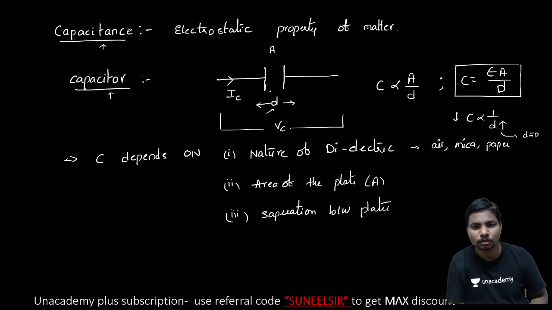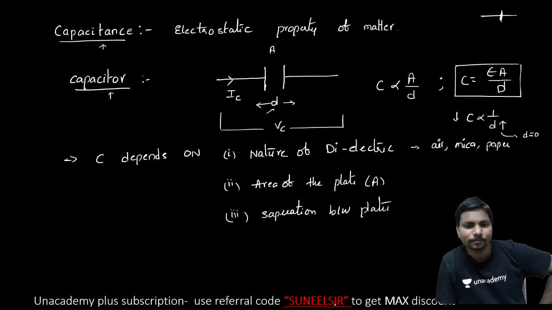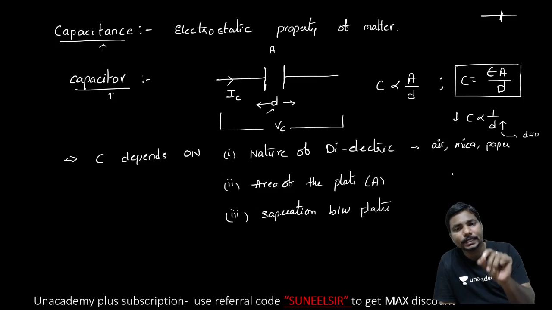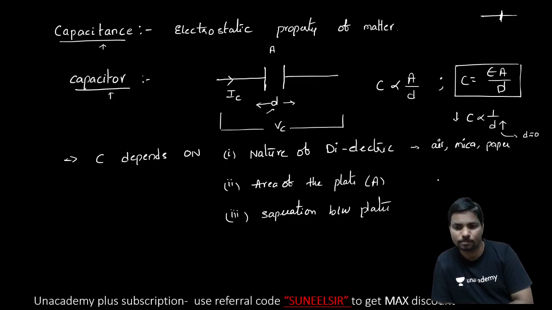No, if there is no separation between these two, then that will be a conductor. If it is one plate and another plate connected like this, then it becomes a conductor only. If at least there is some separation, then only the capacitance will be formed.